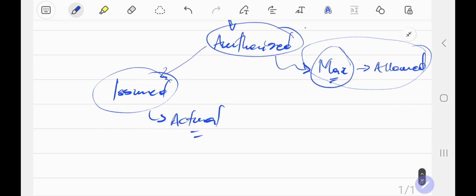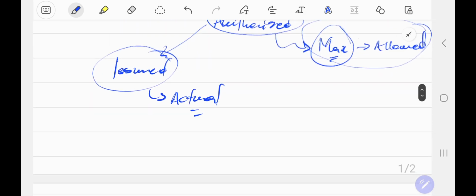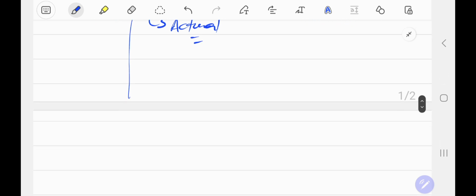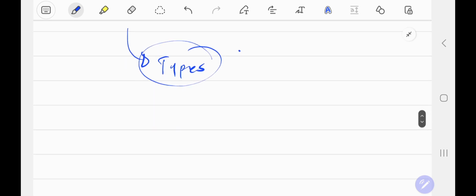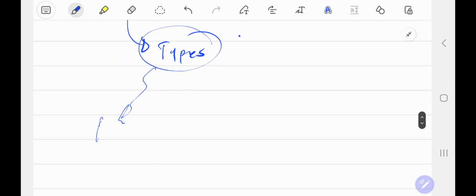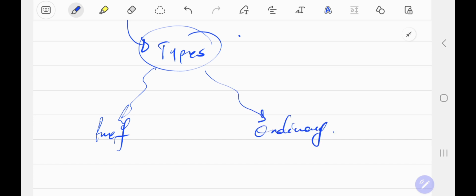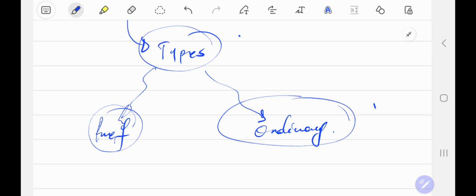Talking about issuing shares, the company can issue different types of shares. There's preference share capital, and then there's ordinary share capital: preference shares and ordinary shares.